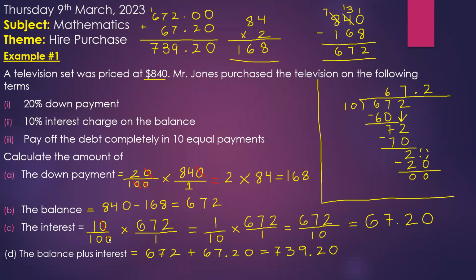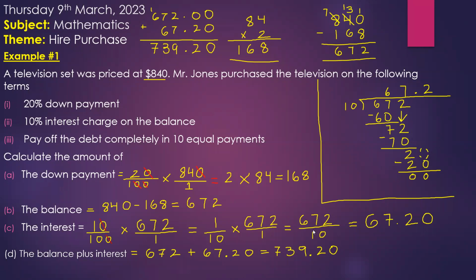So that's 1 over 10 times 672 over 1, which gives us 672. 10 times 1 gives us 1. So that's 672 divided by 10, which gives us 67.20. As you can see, the working is on the side there.